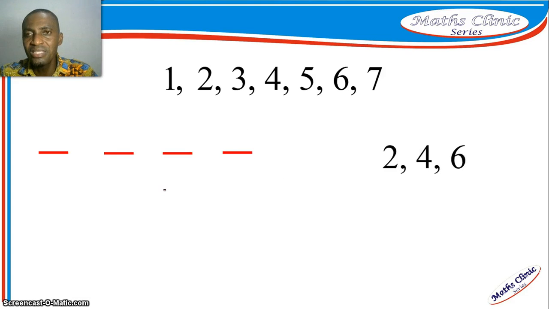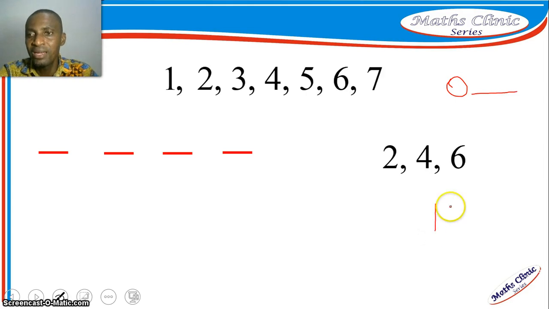Then the second question says, in how many ways can we form the 4-digit number if that 4-digit number ought to be an even number? For us to form an even number, we all know that an even number always ends with either 0 or an even digit, a multiple of 2. Anytime the last digit of a number is 0 or any of the even digits from 2 up to 8, then that number is considered to be even.